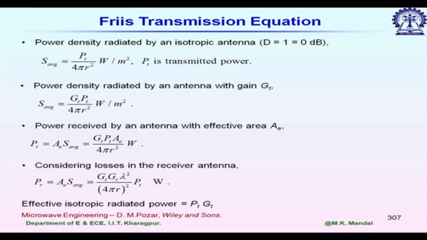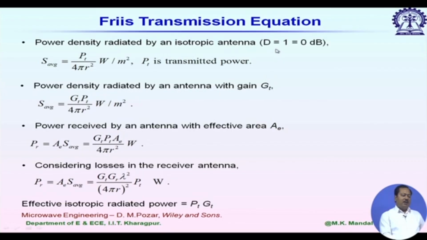If I consider a spherical surface and that isotropic antenna is placed at the center of that sphere, then the average power density on the spherical surface can be given as Pt divided by the total area of the sphere. So, Pt by 4 pi r square watt per meter square, where Pt is the transmitted power.